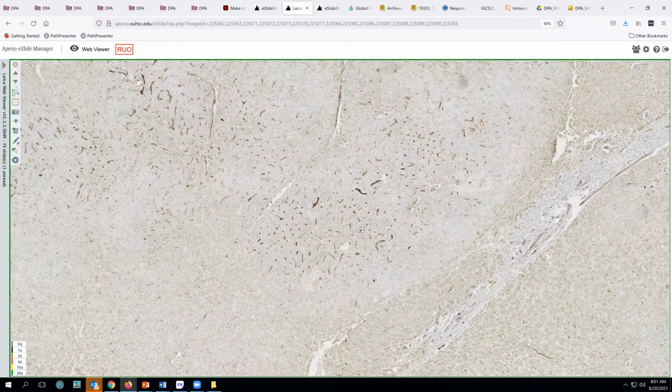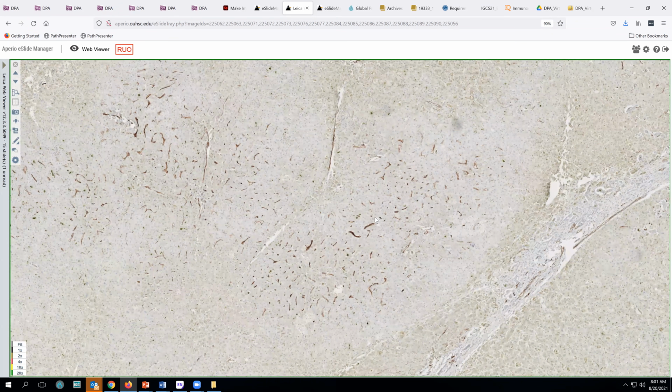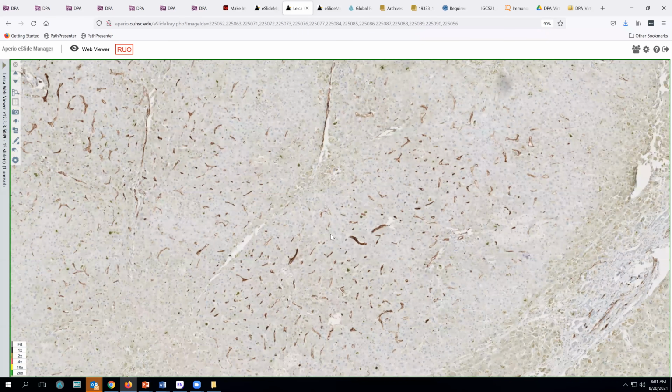So one of the things that is useful to understand is the fact that the normal hepatocytes, the normal hepatic parenchyma, does not have true endothelial cells, and so will not stain with CD34. However, neoplastic hepatocytes can begin to secrete VEGF, and that can be a marker for either dysplasia or potentially well-differentiated hepatocellular carcinoma.